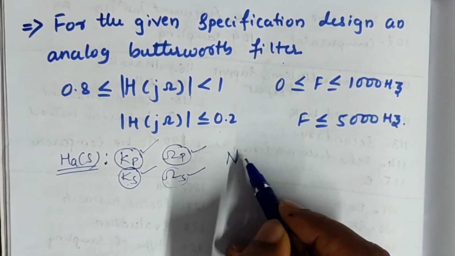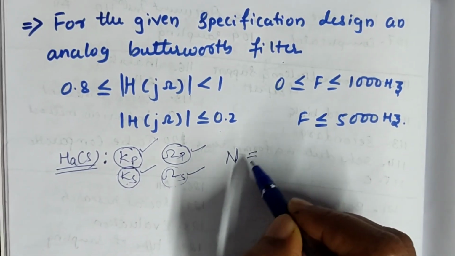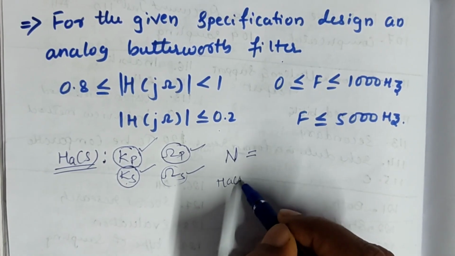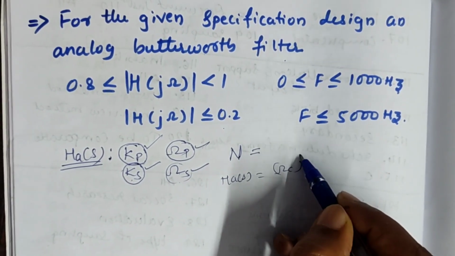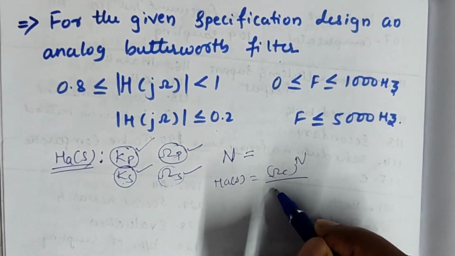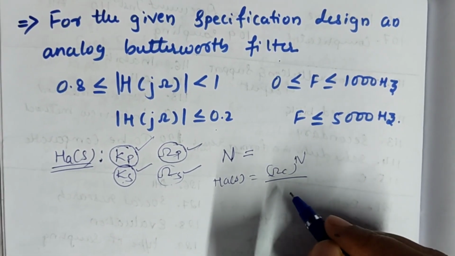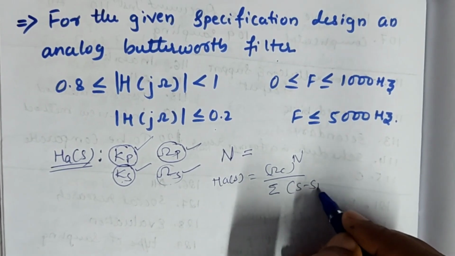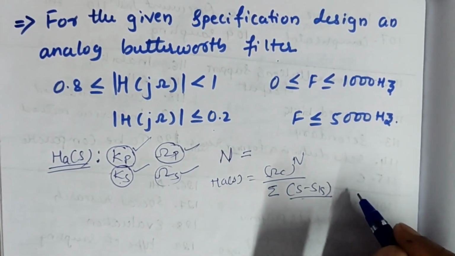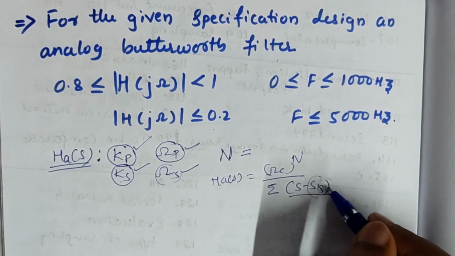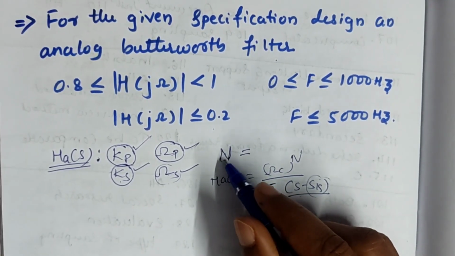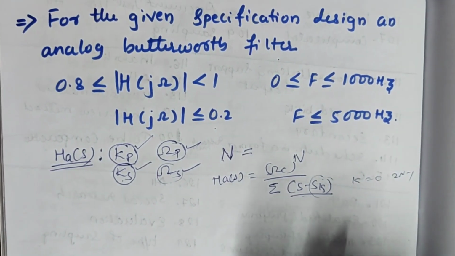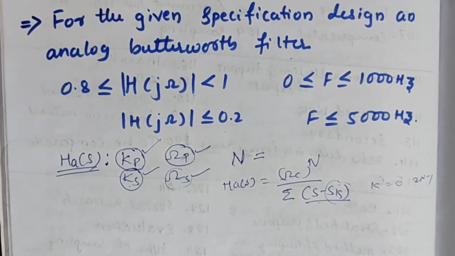Through this we will first find the order n of the filter, and then based on that n we are going to use the formula HA of S is equal to omega c to the power n divided by the product of (s minus sk), where sk represents the poles, and the number of poles depends on the order of the filter, and k is from 0 to 2n minus 1.